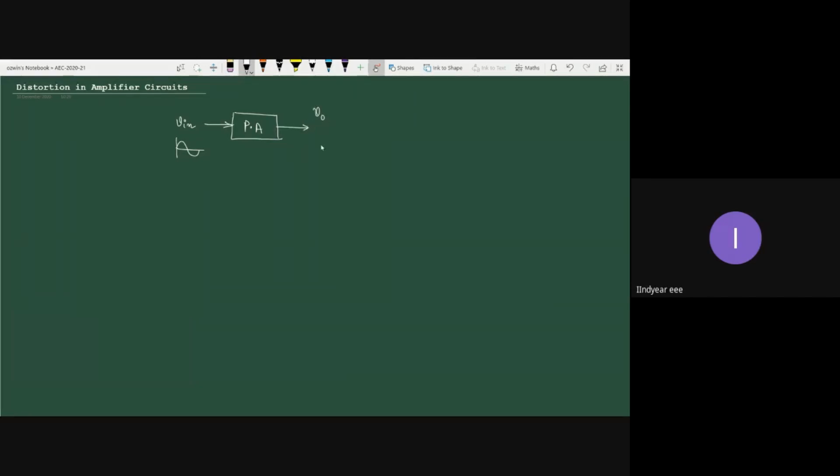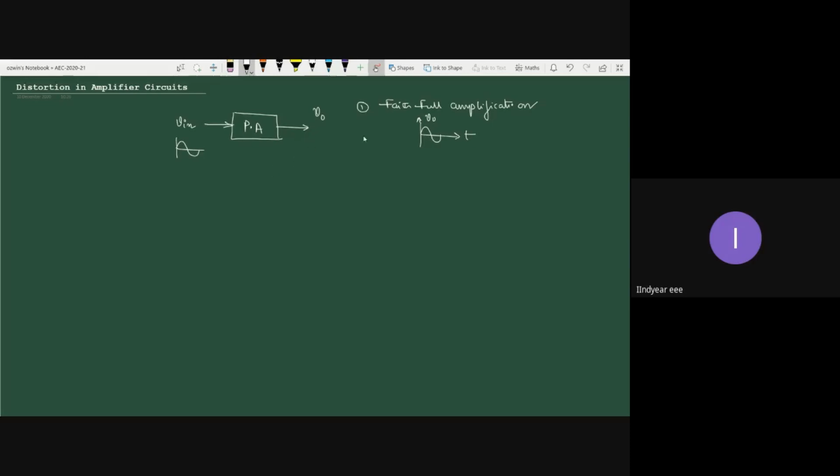Now, two ways of getting the output. The first way is faithful amplification, in the sense, if your input is a sinusoidal signal and your output is also a pure sinusoidal signal, then we would say that the amplifier is successful in producing a faithful amplification.